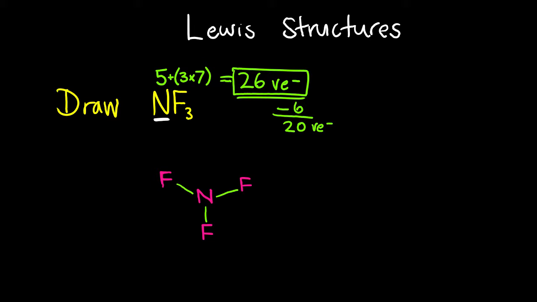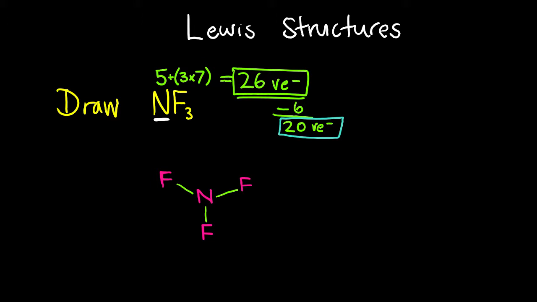I'm going to use these valence electrons by first spreading them out around the edge. And that will be shown in blue. So these 20 valence electrons get spread around all the outside atoms so that they have 8 valence electrons, except if that outside atom is hydrogen, in which case it should only have 2. So these fluorines, which are not hydrogens, should have 8 valence electrons, and each one already has 2 according to the bond.